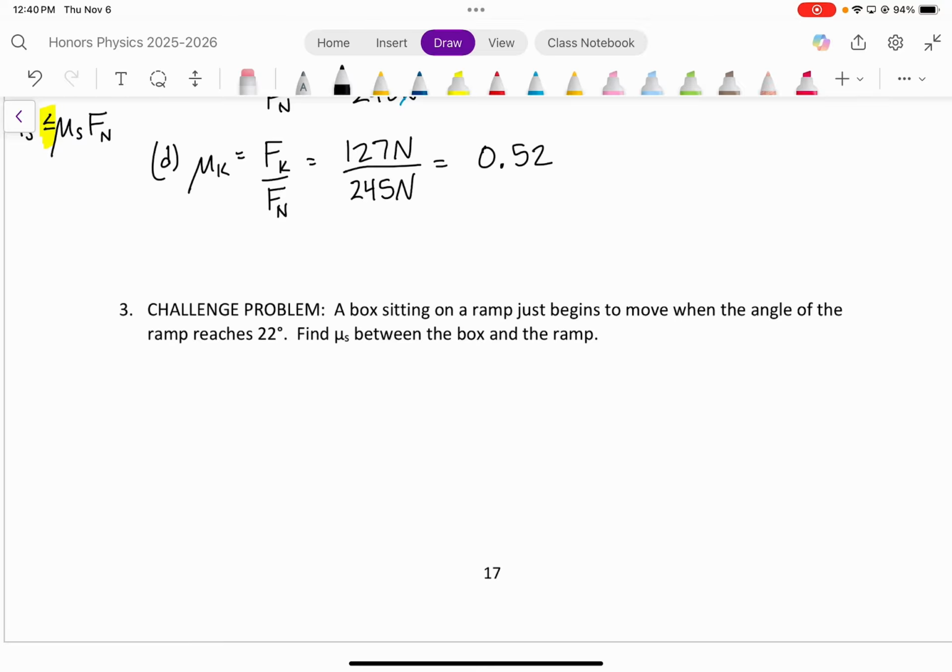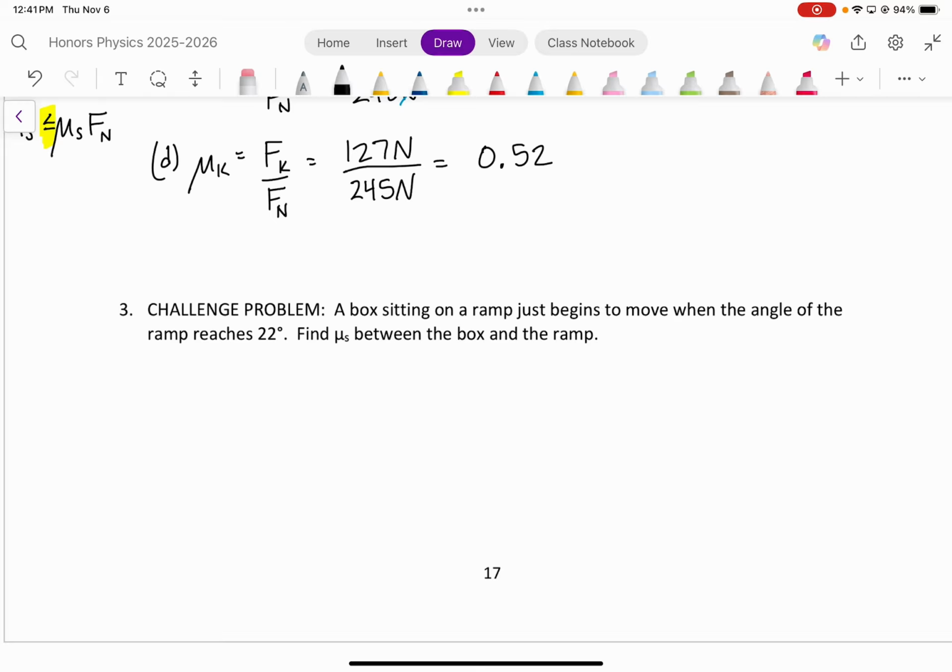Now, if I had a force probe, which I do have, but I'm not going to let you use, I could hook up a force probe to the hook on my block, and I could pull, and right when this block just starts to move, I could see what the force probe reading says, and that's the amount of force that it takes to overcome static friction.